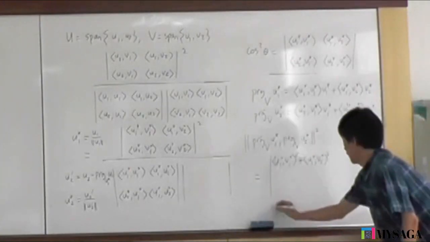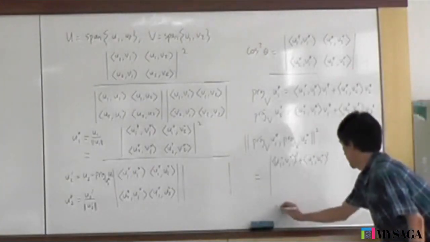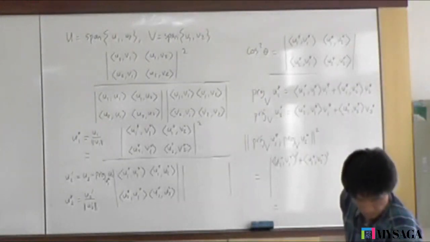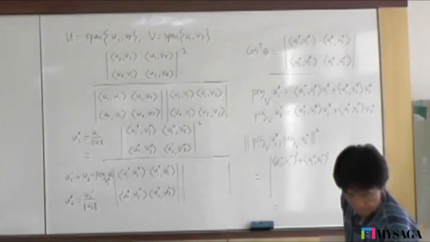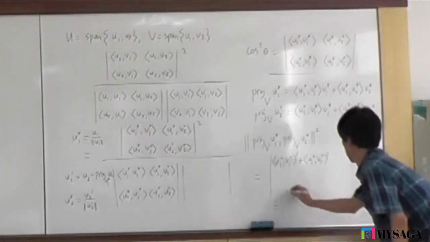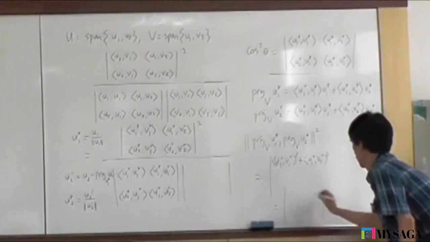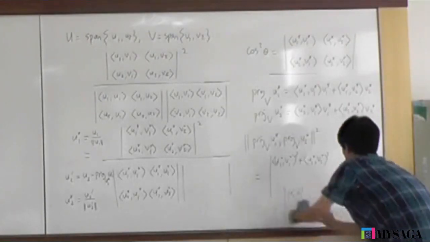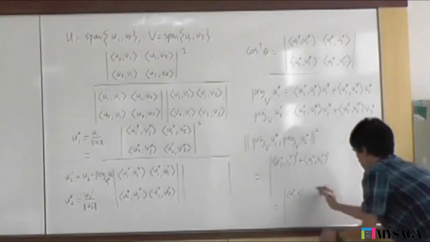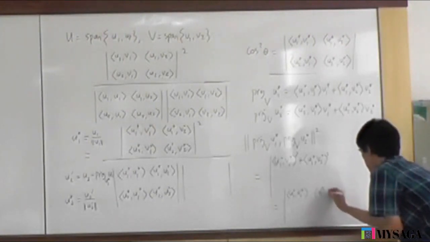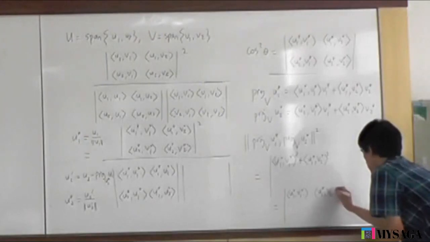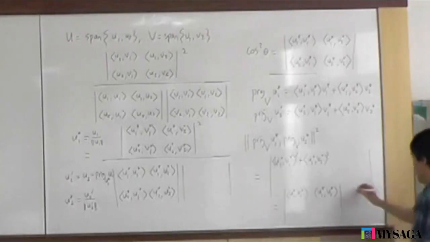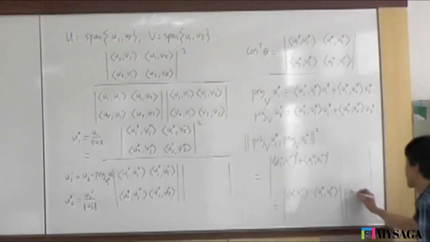Later on you will get U1 star V1 star, U1 star V2 star, and then this multiplied by its transpose.